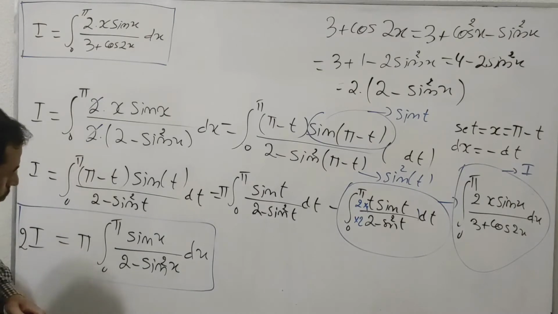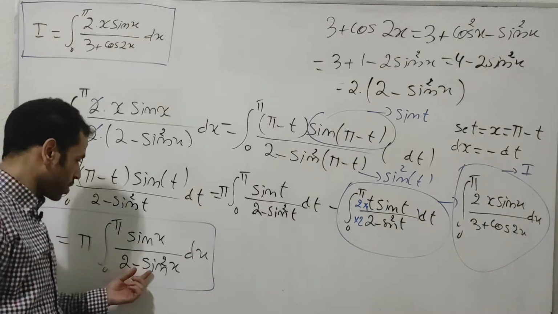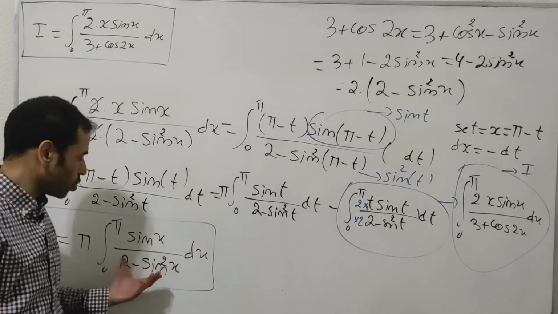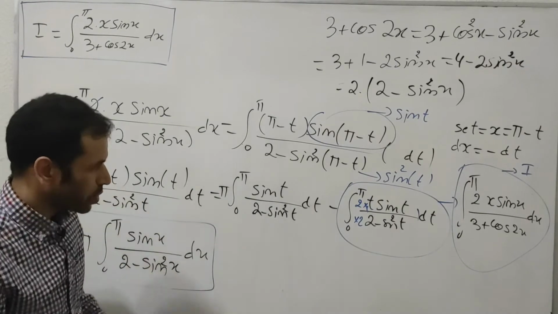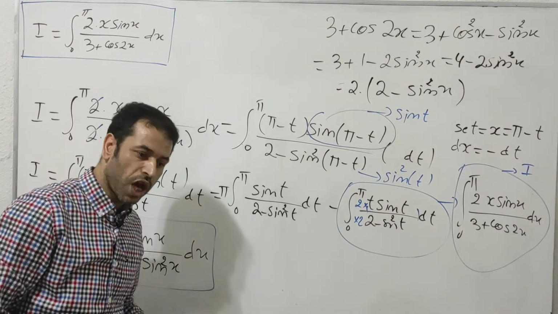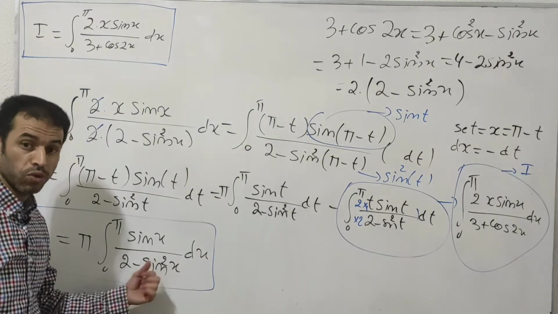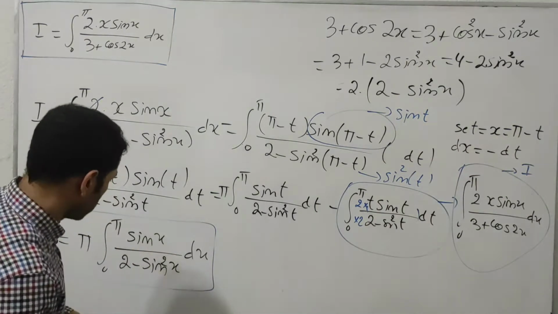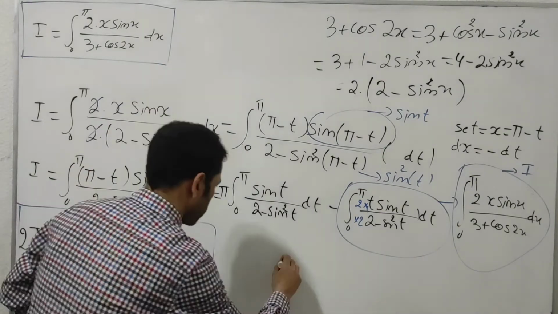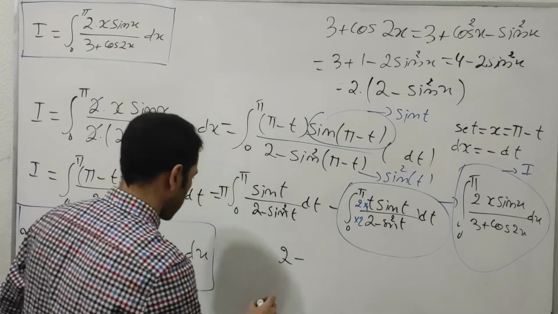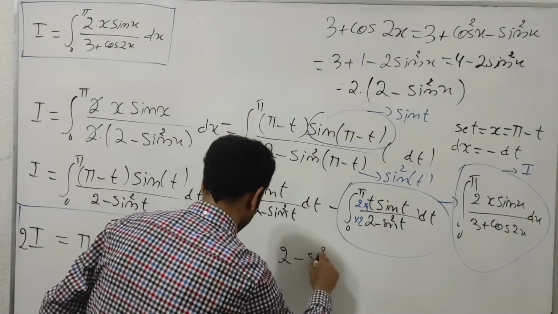Now again, we have sine x and sine square x. The best way to solve this one is to put a new substitution. I'm going to transfer this sine square x into cosine x. It's very simple. We have 2 minus sine square x.